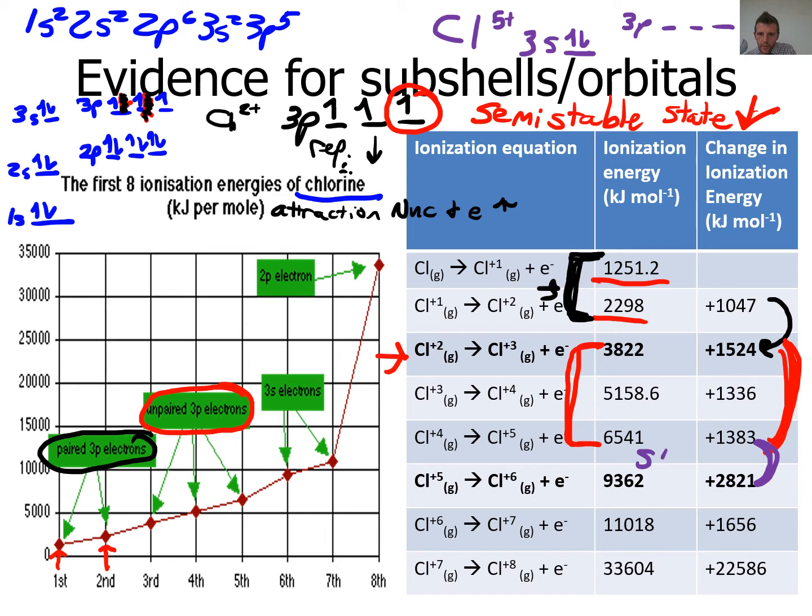This is showing evidence for sublevels. The idea that the s orbital is going to be closer to the nucleus than the p orbital would be, and that they're going to inherently be tighter in there, and since they're closer to there, the energy difference needed to remove an electron from a subshell closer to the nucleus will be larger.